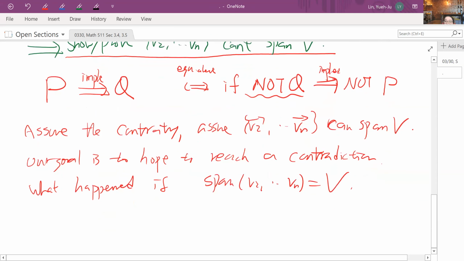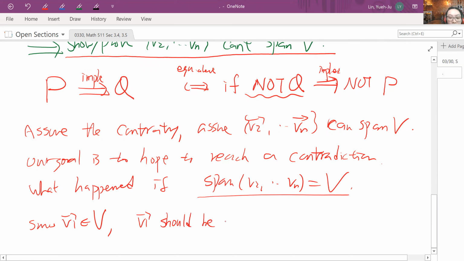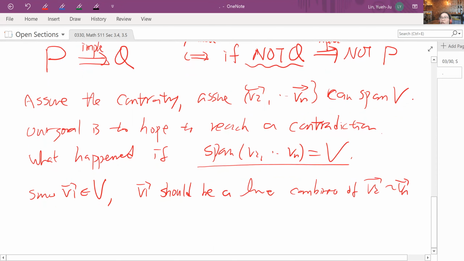Do you agree that V1 is a vector in V? Yeah. But now I say V2 to Vn span the whole V. Since V1 is in V, V1 should be a linear combination of V2 to Vn, because that's the definition of having a spanning set.